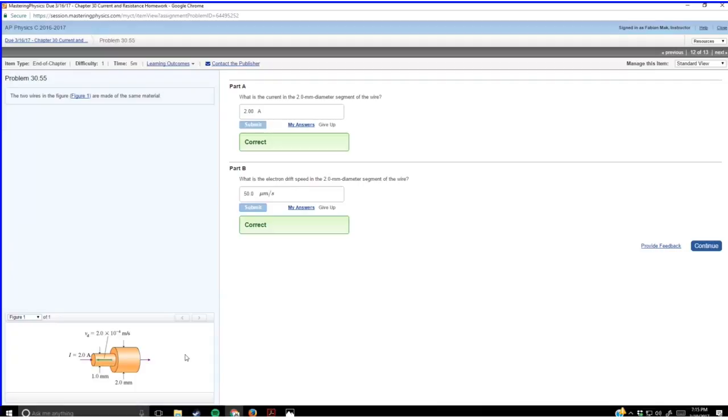No matter where it gets thicker, thinner, even if you change materials, you still can't just lose charge unless it's being neutralized at some rate. That charge has to go somewhere. So the current will always remain the same. That is essentially Kirchhoff's junction rule.